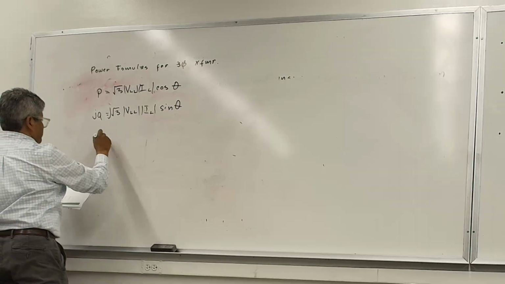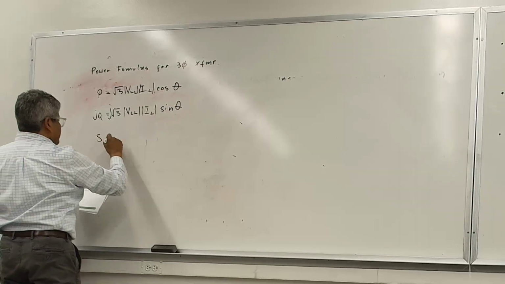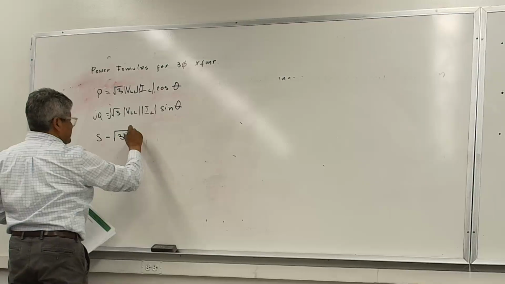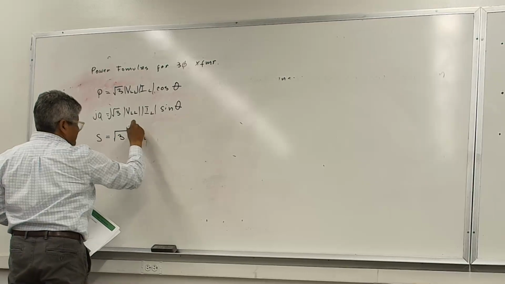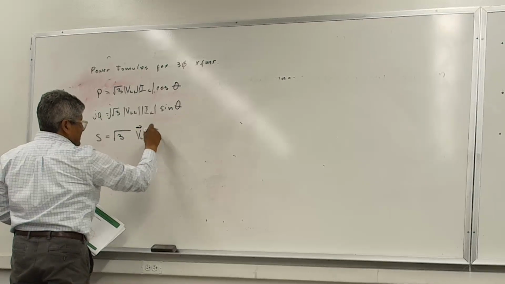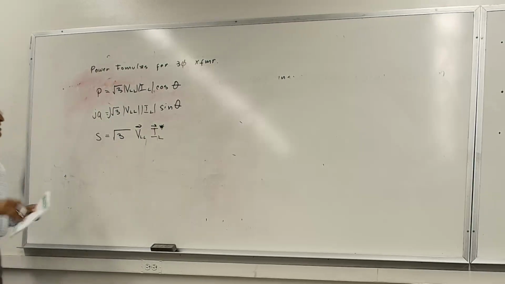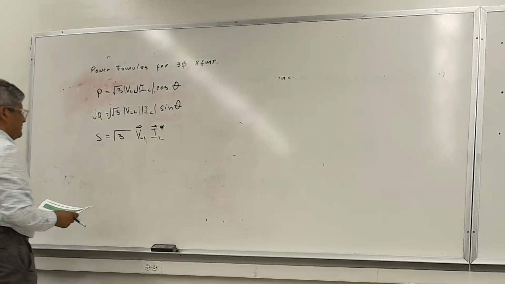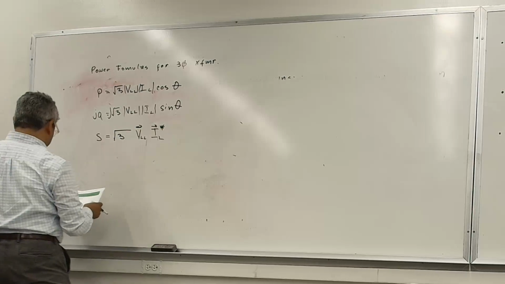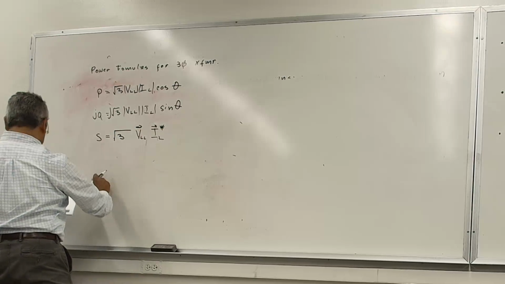And then S for a three-phase transformer is equal to square root of 3 V line-to-line, this is a phasor, times I line phasor conjugate, right? So the formula is nothing new. We have already reviewed those previously.